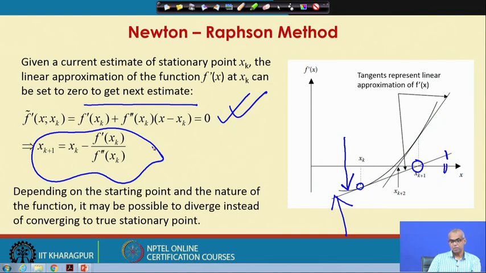So, f prime is the single derivative, f double prime is the second order derivative. So, first derivative, second derivative, both the informations are required. Now, depending on the starting point and the nature of the function, it is possible that the Newton-Raphson method will diverge instead of converging to the true stationary point.